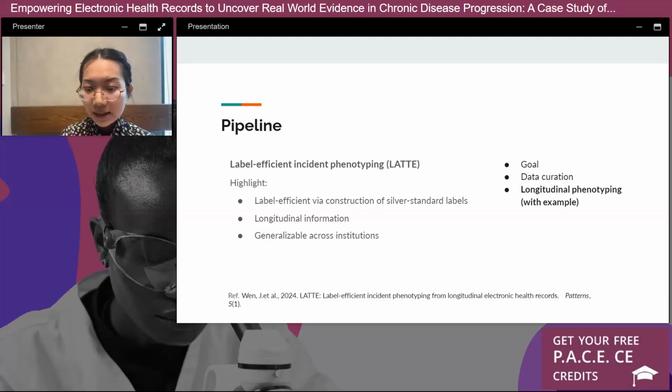First, it's very label efficient via the construction of silver standard labels. I will get into the concept of silver standard labels in my next slide. The second advantage is that it can leverage longitudinal information. And the third point is that it's relatively generalizable across different institutions.